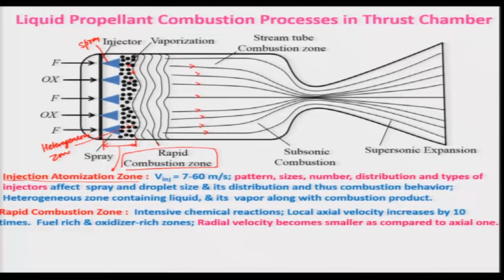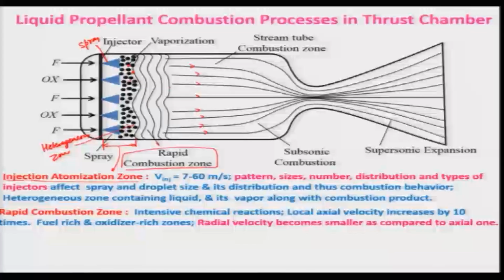The local axial velocity will be increasing at least by 10 times or even more, depending on the temperature ratio, and this is due to thermal expansion. Besides this, fuel rich and oxidizer rich zones might occur in various pockets, and the radial velocity becomes smaller as this combustion takes place.